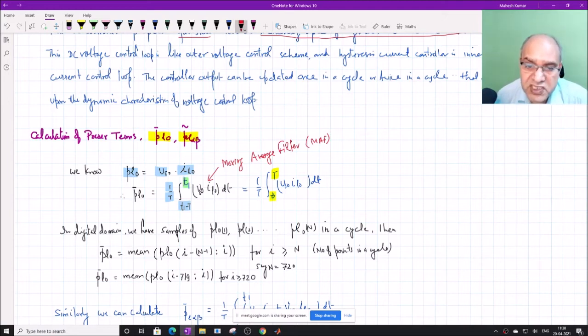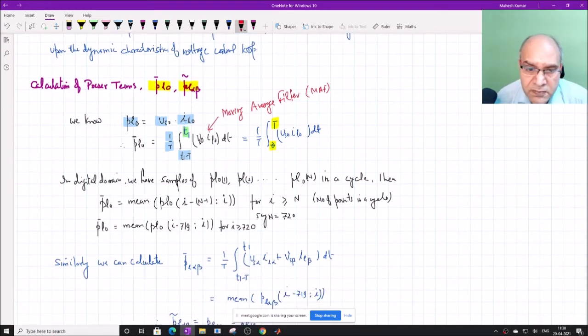For example, if we say that there are n number of points in a cycle, then this PL0 bar means the mean, the average, of PL0 from i minus n plus 1 to i. For example, if n is equal to 720 samples, then it basically means that PL0 bar is nothing but the mean of PL0 from i minus 719 to i, for i greater than or equal to 720.